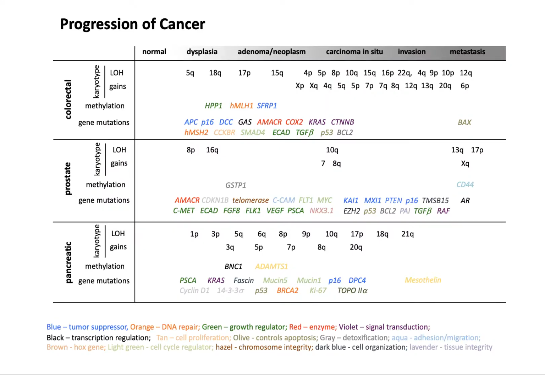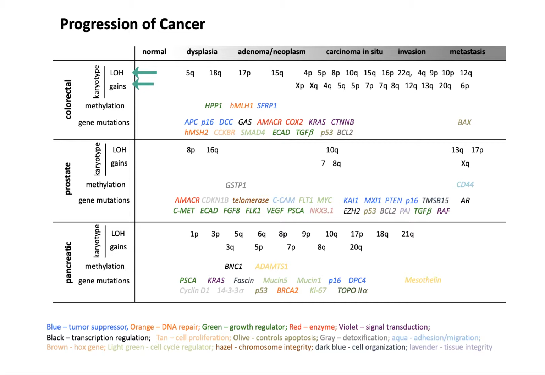This diagram summarizes some of the mutations in colorectal, prostate, and pancreatic cancers, going from normal cells through dysplasia, an adenoma or neoplasm, carcinoma in situ, invasion, and then eventually metastasis. At the top you can see LOH and gains, so that's in the karyotype.